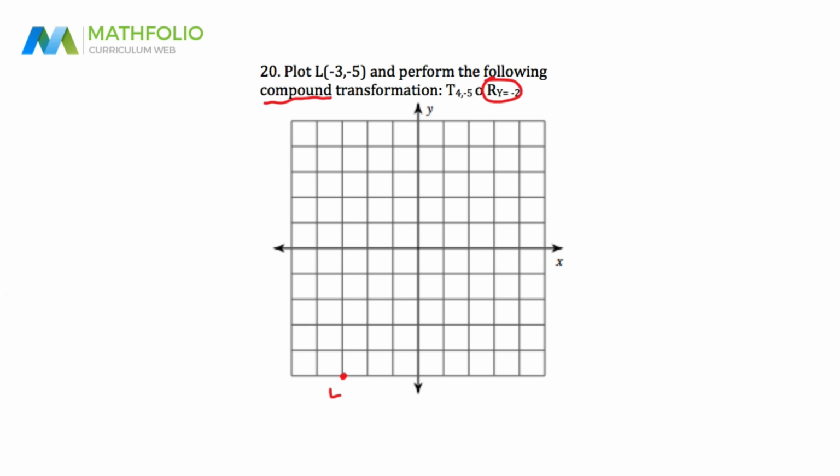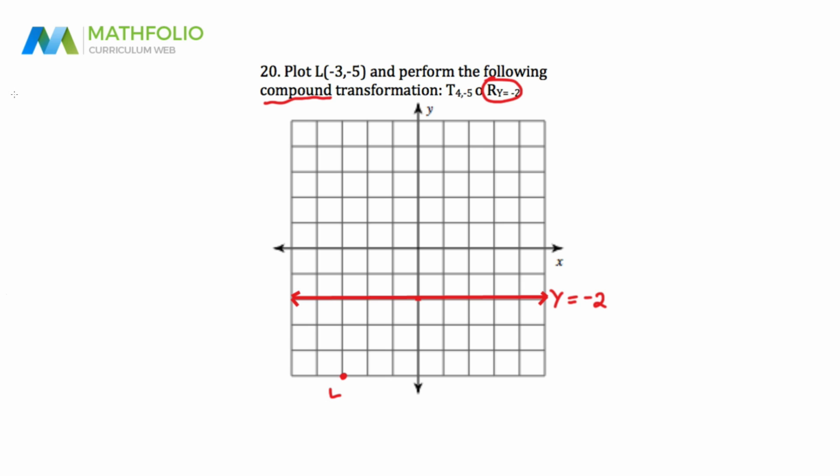So y equals negative 2, we go to our y-axis where negative 2 is, right here, and we basically draw a line right across. And I'm going to put the arrows on because technically it's a line, right? And also I'm going to label it. This is y equals negative 2.